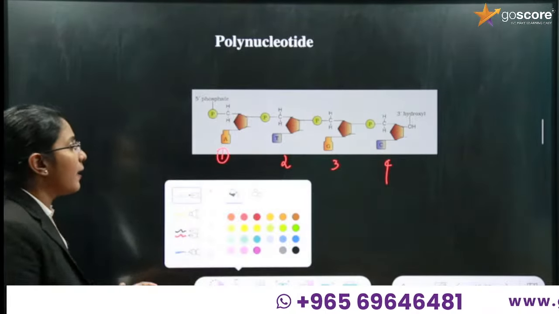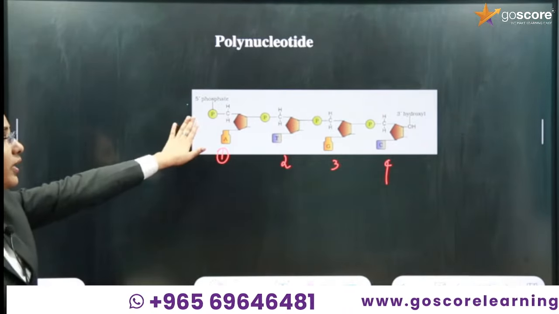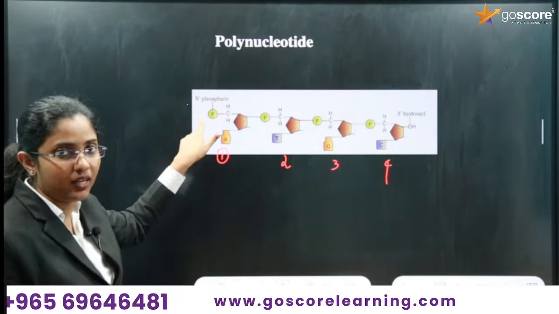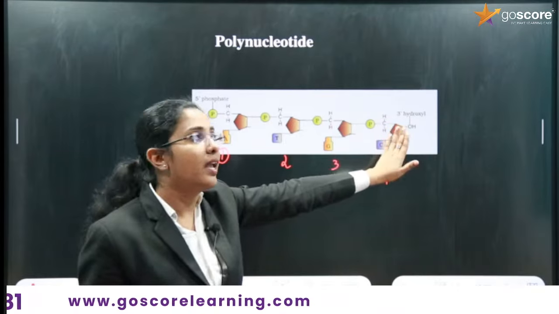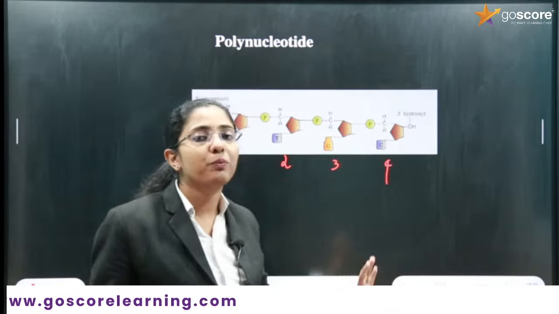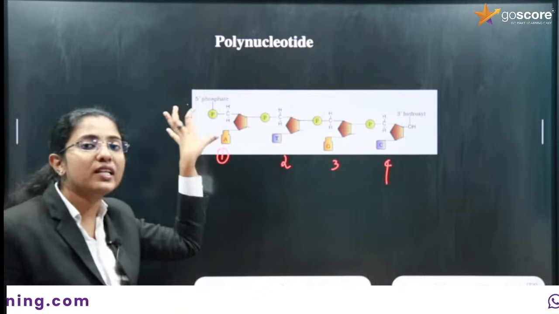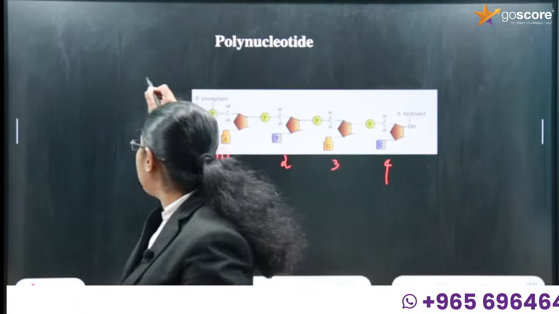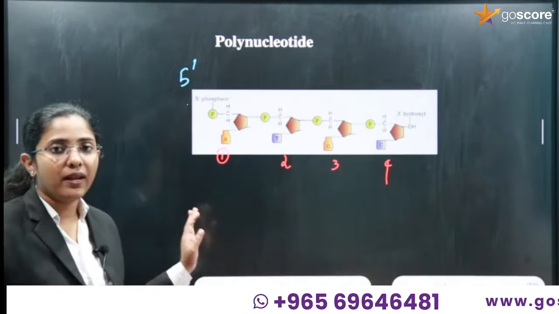This is the fifth carbon, and the fifth carbon is attached to a free phosphate. At this end a free hydroxyl group is present at the other. The position where the free phosphate is present is considered the 5 prime position.